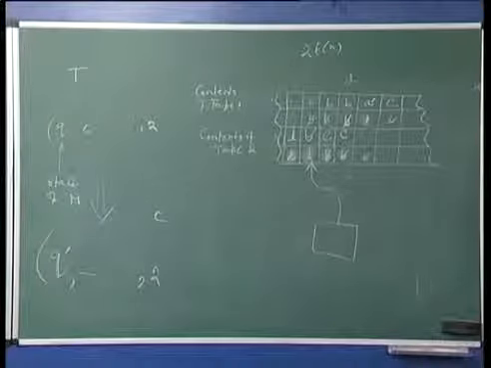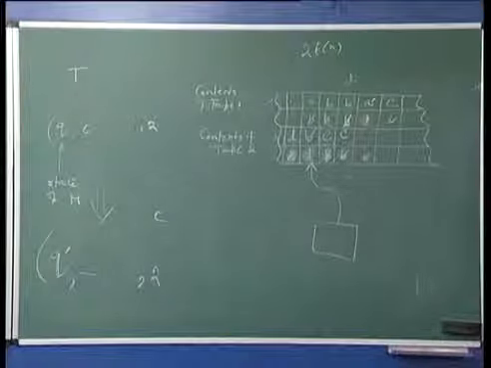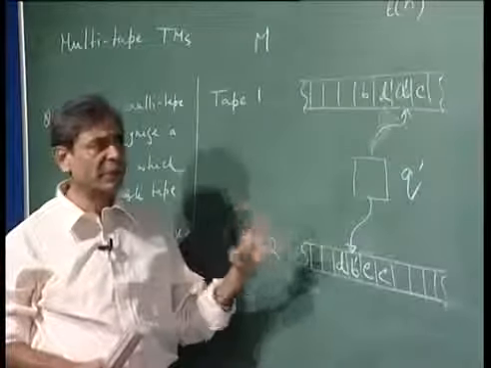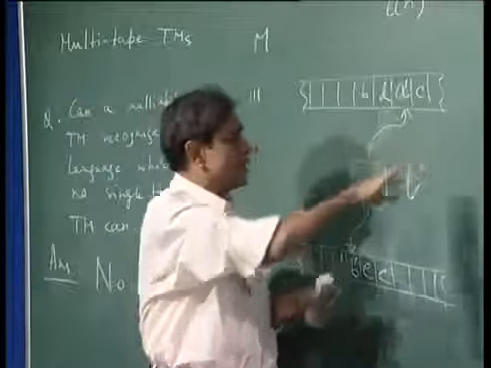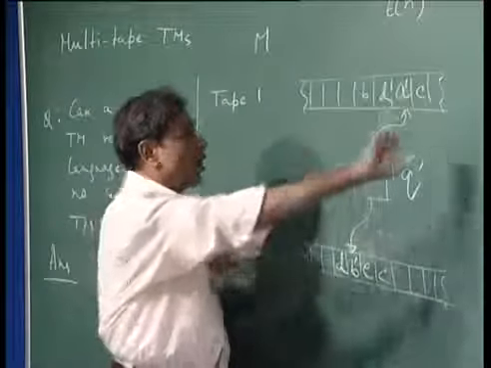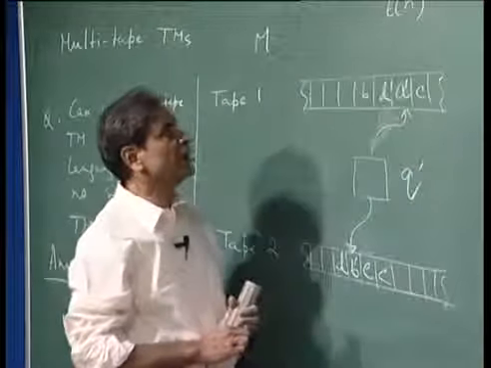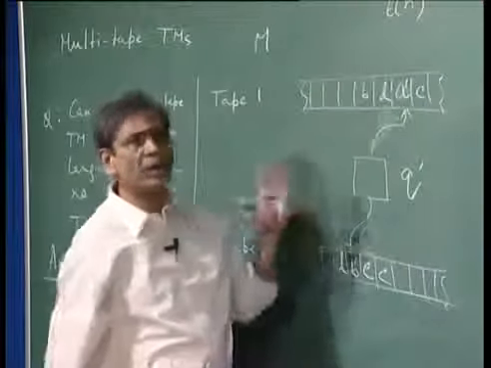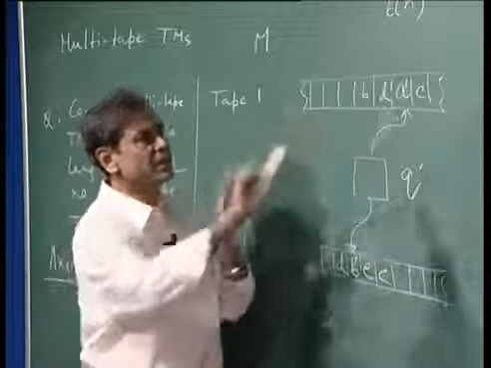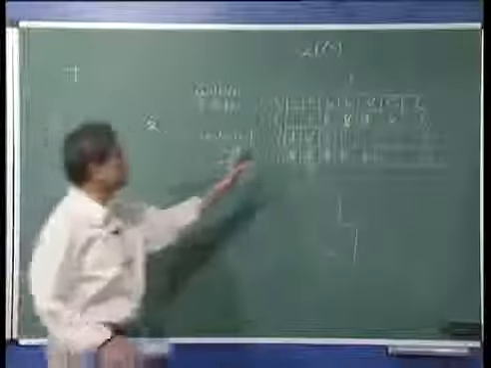What I am saying is that the worst case here is about how far away the two heads can be in that representation. In Tn steps, the two heads can be around 2 Tn cells away.